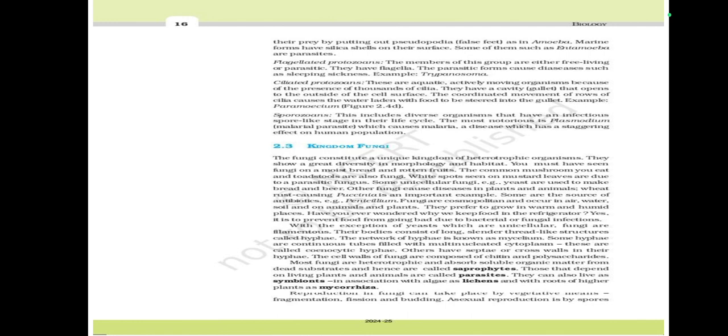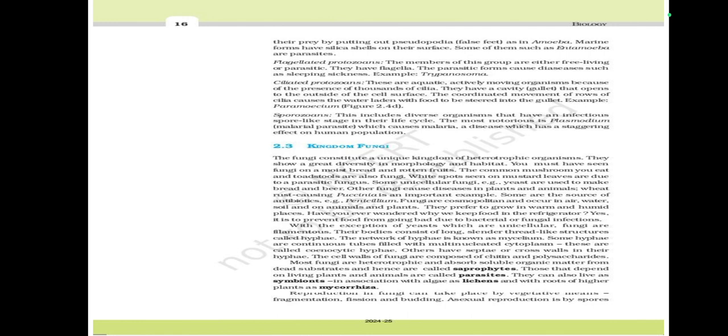Others have septae or cross walls in their hyphae. The cell walls of fungi are composed of chitin and polysaccharides. Most fungi are heterotrophic and absorb soluble organic matter from dead substrates and hence are called saprophytes.